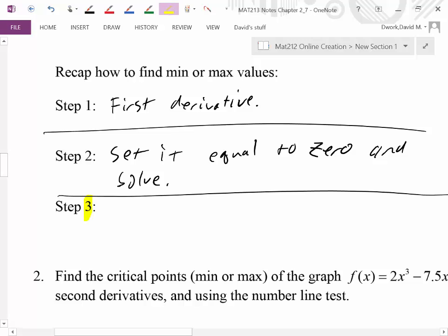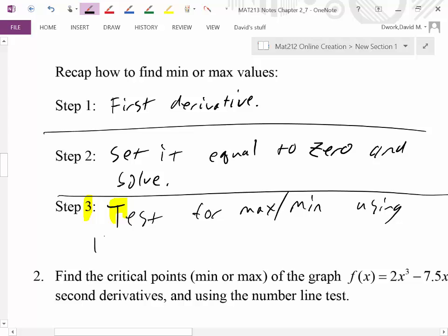Step 3 would be test for max or min using the first derivative number line, or your other option is using the second derivative test.